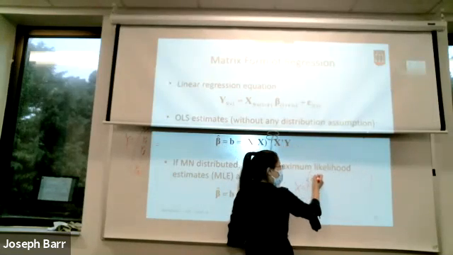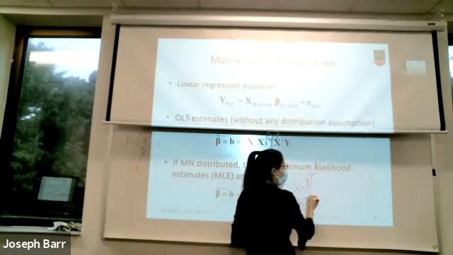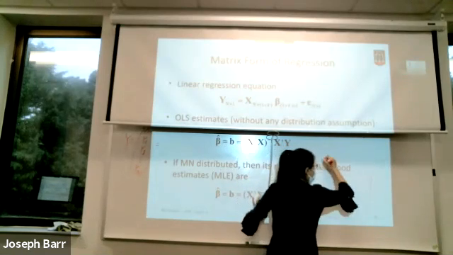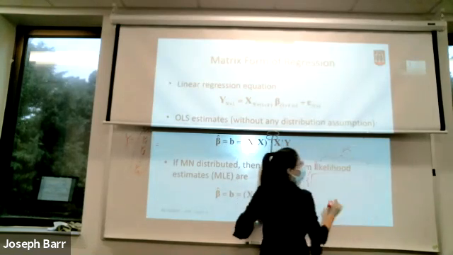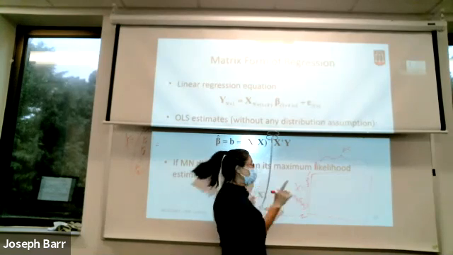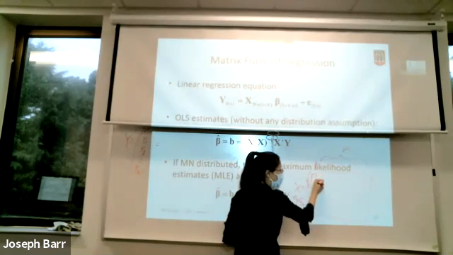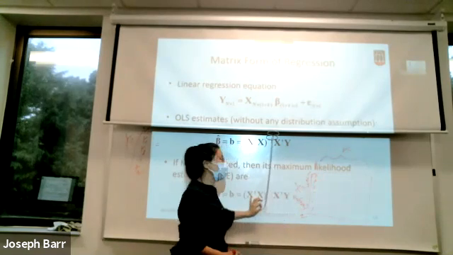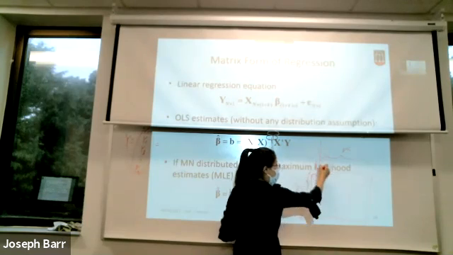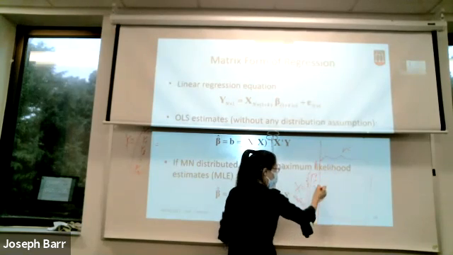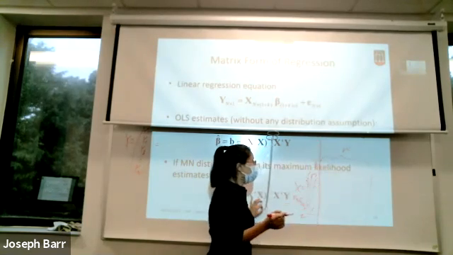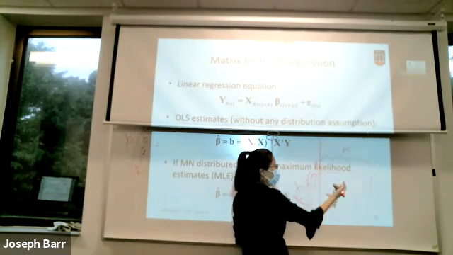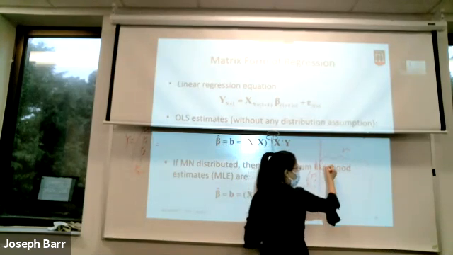And we have 1 plus k columns. The first column is just 1, 1, 1, 1. All of these elements are 1. That's the first column.